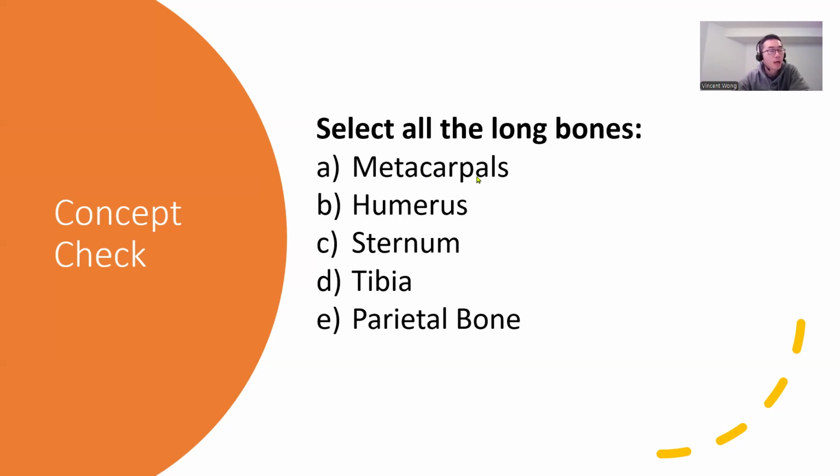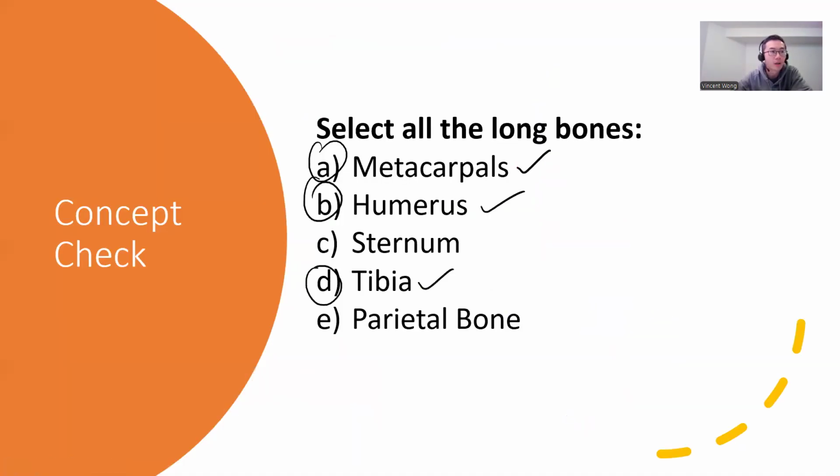Okay, so long bones: metacarpals, that's a long bone. Humerus is a long bone. This is flat. Tibia is long. So A, B, and D. Metacarpals, these ones are long. Phalanges are short. Okay, that's that.